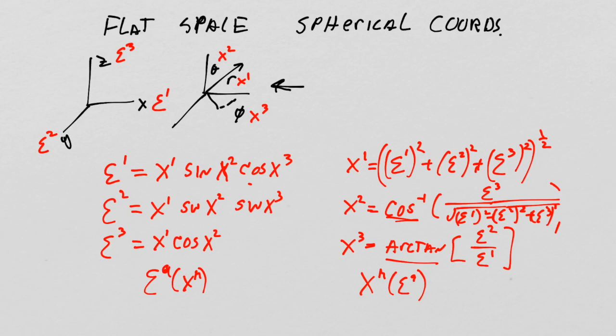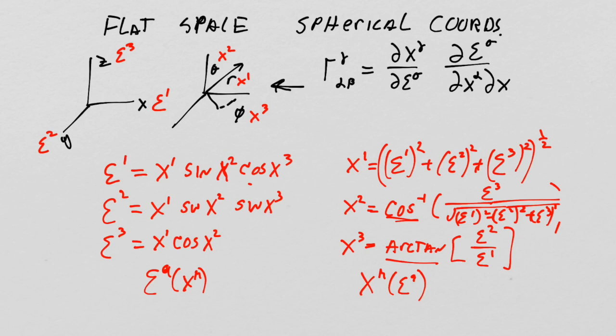Well, what we want to calculate is gamma alpha beta equals dx gamma partial c sigma partial c sigma dx alpha dx beta. We want to calculate these guys. That's going to be our example, right?